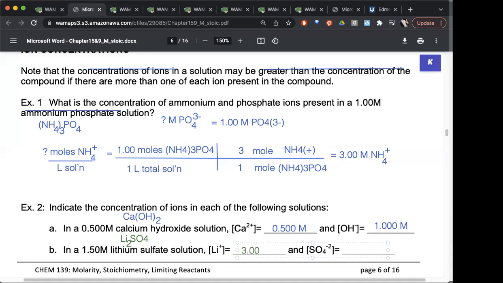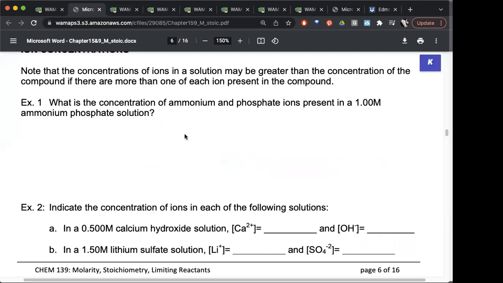That'll give us 3.00 molar lithium ion and 1.50 molar sulfate ion. Okay, those become useful in the future. I don't think we're going to do too much with them this quarter. We have just 1 more week of class, so you may see those in the future.